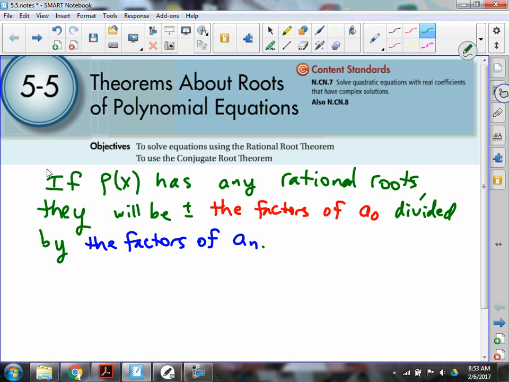And you're probably thinking to yourself, what on earth is this a sub 0 and what on earth is a sub n?